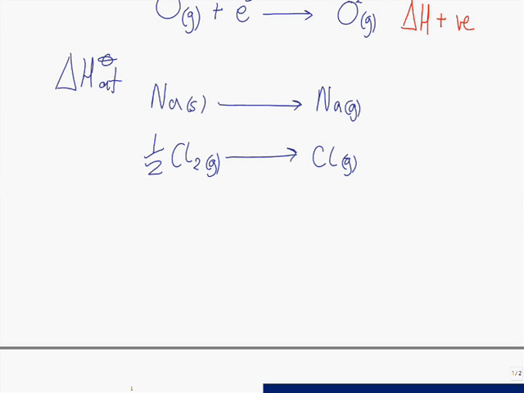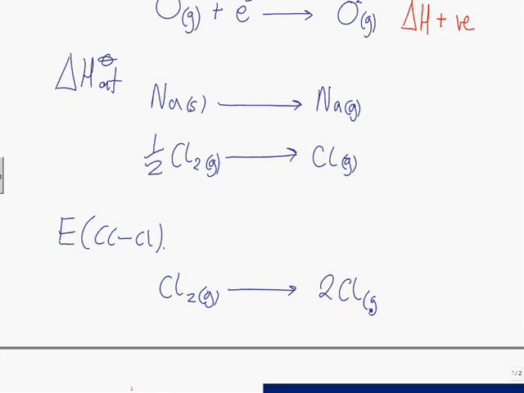Bond enthalpies. So for example, if we take the chlorine-chlorine bond enthalpy here, and break a chlorine-chlorine bond, Cl2 gaseous is going to go to 2Cl gaseous. That's that enthalpy change there.